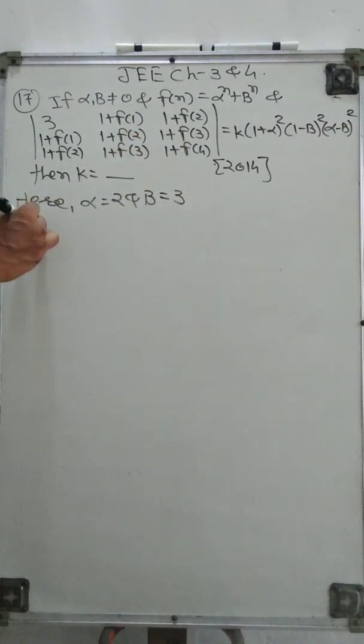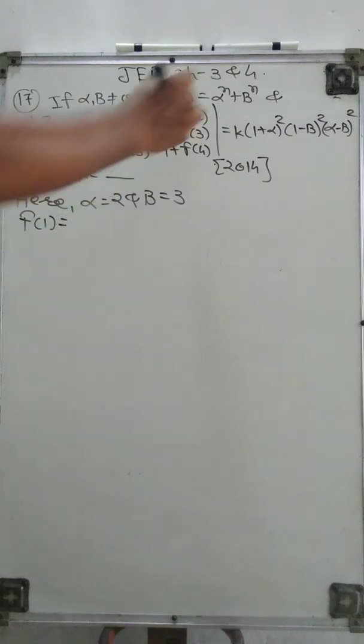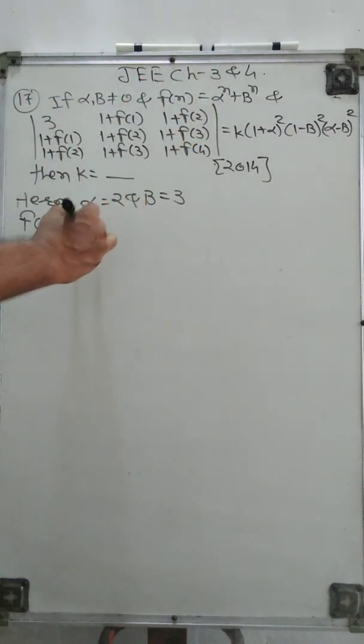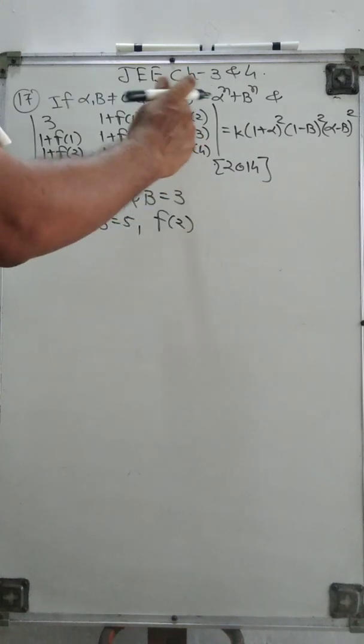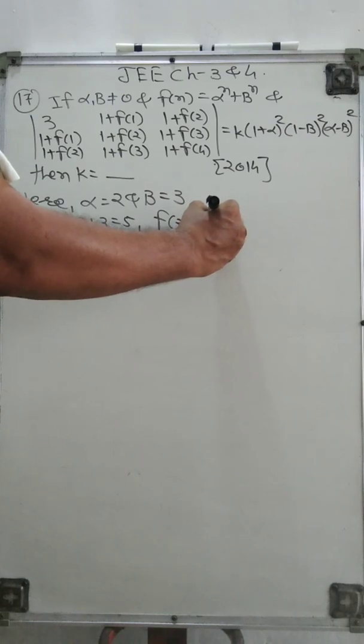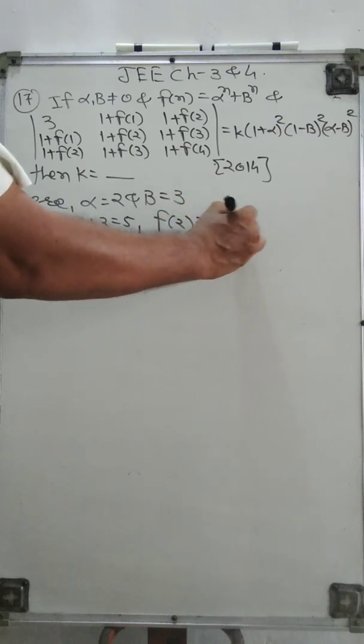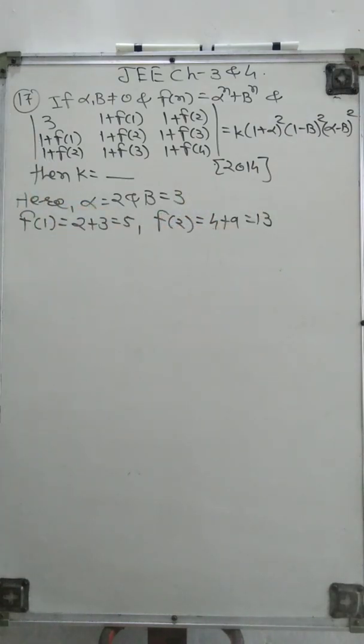Now just put in f1. So f1 is equal to alpha plus beta, or 2 plus 3, it is 5. f2 is alpha square, means 4 plus 9, it is 13.